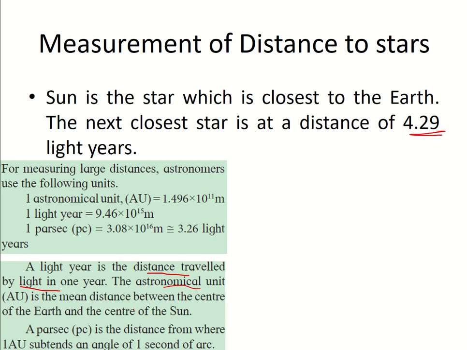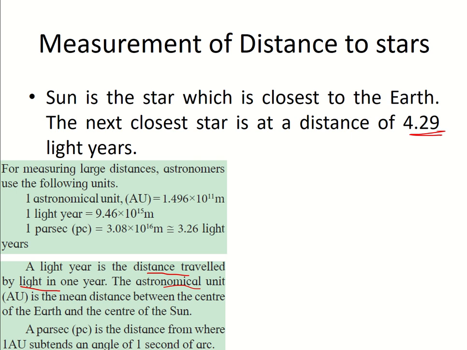An astronomical unit is the mean distance between earth and sun, the centers of earth and sun. Earth is going around the sun, not exactly in a circular orbit, so the distance between earth and sun changes, and the mean distance between them is nothing but the astronomical unit.